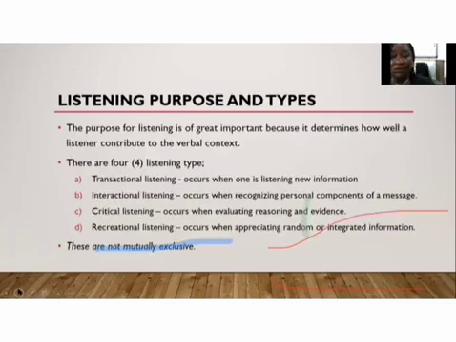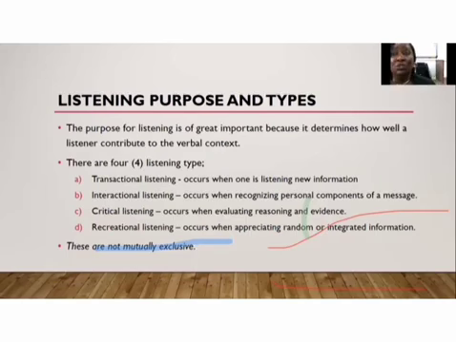Let's move on to the listening purpose and type. The purpose for listening is of great importance because it determines how well a listener contributes to the verbal content. If one is involved in a discussion and you know that it is not of great importance to you, the tendency is that you will not pay much attention.